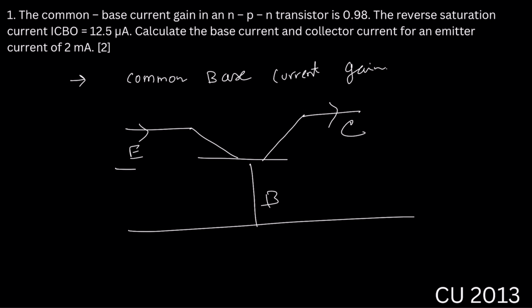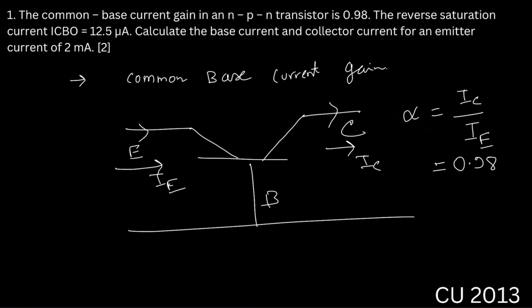So the input current will be IE and the output current will be IC, and the current gain of the common base configuration is called alpha, and that one equal to IC divided by IE. Here you can see IC is output current, IE is the input current. That means gain is the output by input. So the current gain is alpha, and that one is equal to 0.98. From here we can say beta will be alpha by 1 minus alpha, and that one equal to 49.